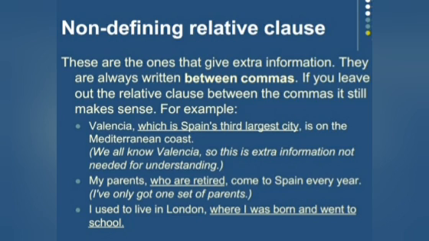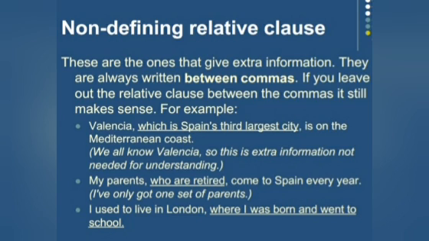This is always written between commas, which means it is separated from the main clause. And if you remove the clause from between the commas, the sentence still makes sense. It will have no impact on the sentence. The sentence would be unaffected.